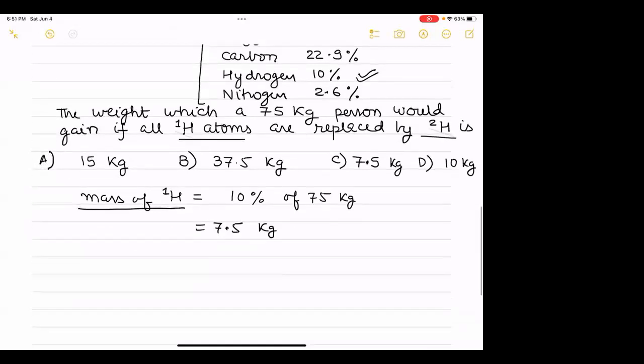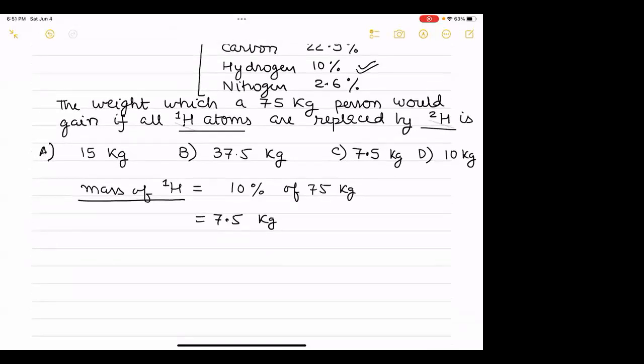So what you do is replace the hydrogen atoms by deuterium, so the mass will become double. Initially the mass was 75 kgs. You removed 7.5 kgs of hydrogen, the 10%, and instead of that, double the mass of the hydrogen was added, 15 kgs were added.